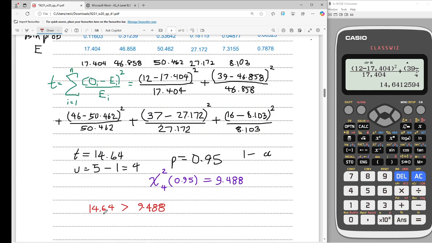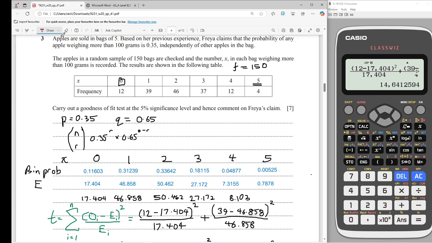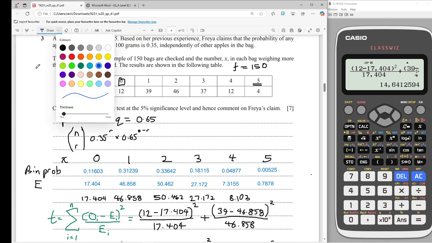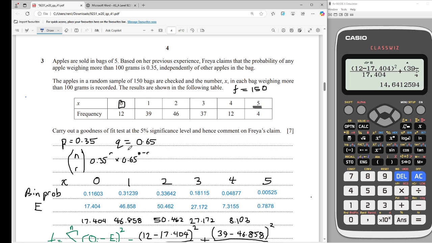Alright, so before we do this, let's state our hypothesis. Once again, not needed for these papers, but given that these are old, they don't require hypotheses for the chi-square test. The newer papers, however, do. So our hypothesis would be, first of all, to support Freya's claim.